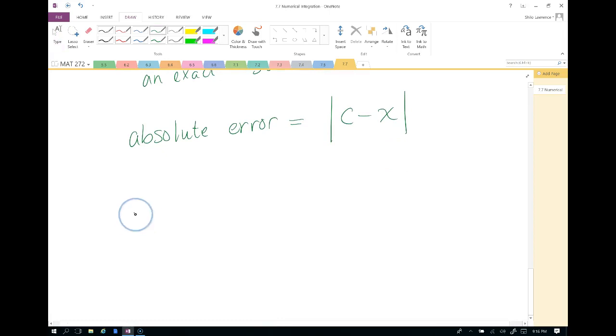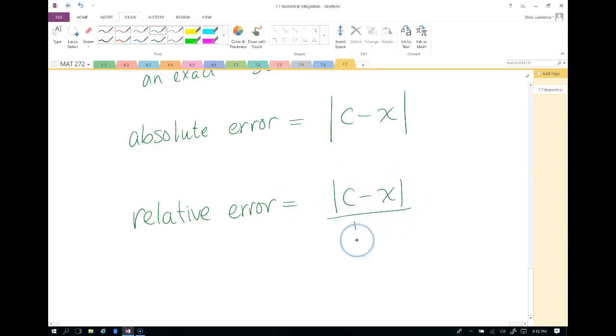There's something else called relative error, which, in my opinion, is a lot more important. Relative error takes your absolute error and compares it to what the area is supposed to be. So it puts it in perspective.